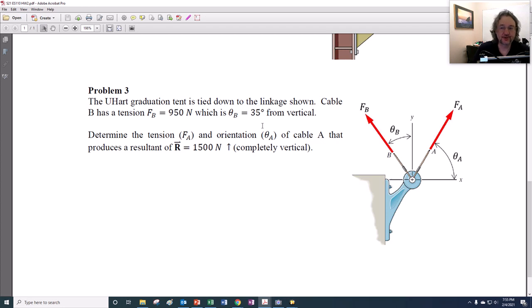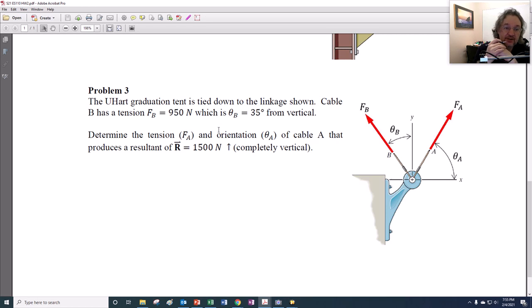Okay, so here is problem 3 of homework 2 in ES110 statics. We have the UHart graduation tent is tied down to the linkage shown. Cable B has a tension of 950 newtons, which is theta B 35 degrees from vertical.